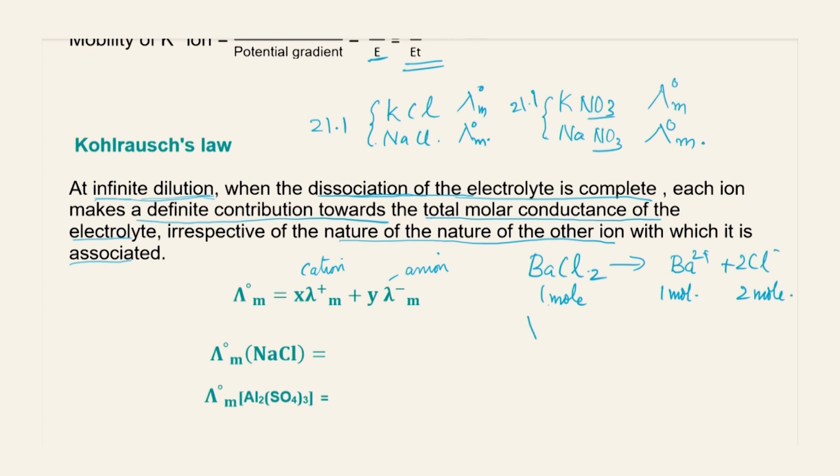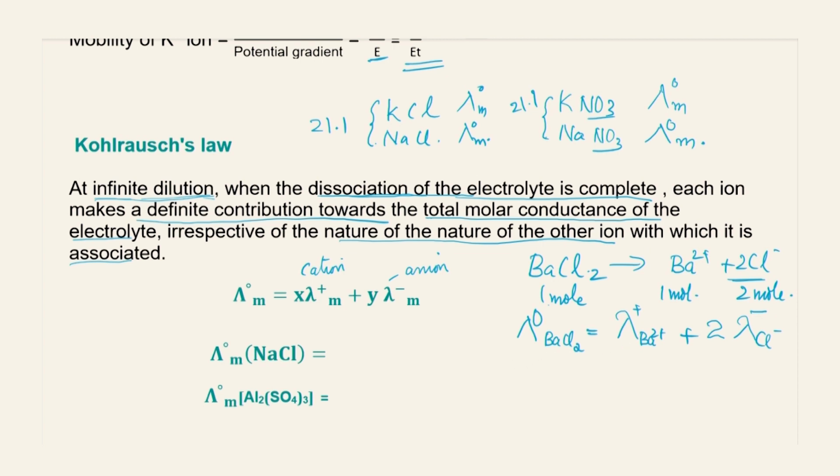So, in this case, lambda 0 of barium chloride will be equal to lambda plus of Ba2 plus, that is, you are having 1 mole. But here, we have 2 moles of chloride, so it will be twice lambda minus of chloride ions. Okay. The ionic conductances are all measured at infinite dilutions. So, we are considering only infinite dilutions.